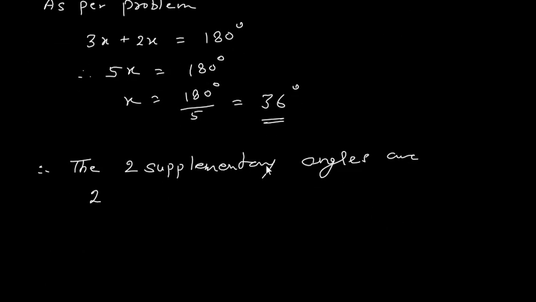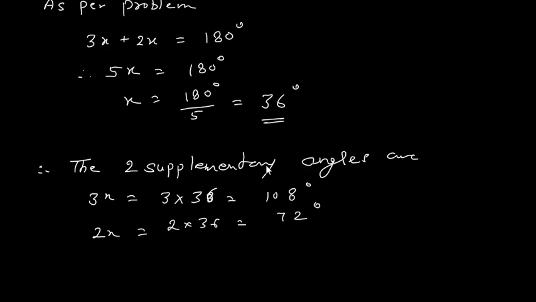So 3x is equal to 3 into 36, that is 3 6s are 18 and 3 3s are 9, plus 1 is 10, so 108 degree. And the second angle is 2x, that is 2 into 36. So 2 into 36 is 72 degree. Now their addition is 180, you can cross verify.